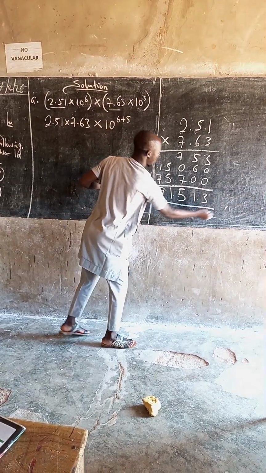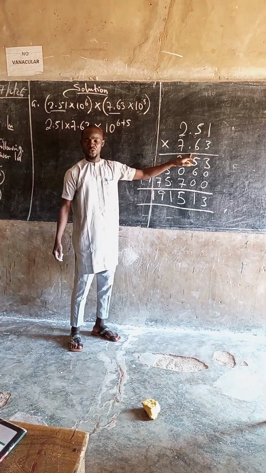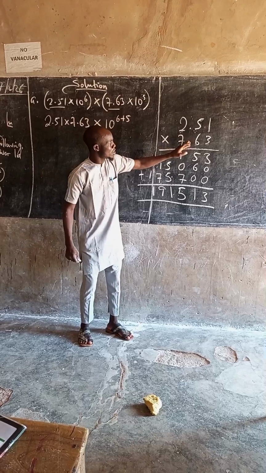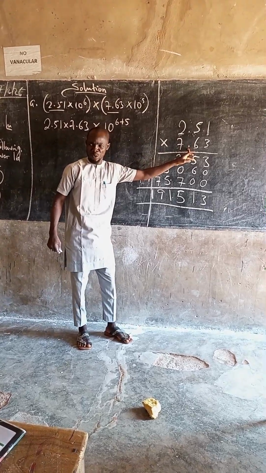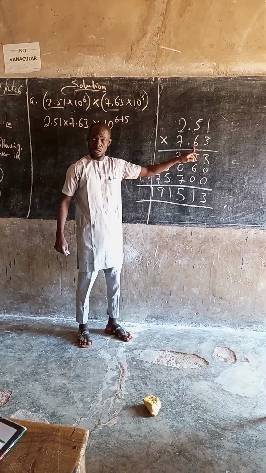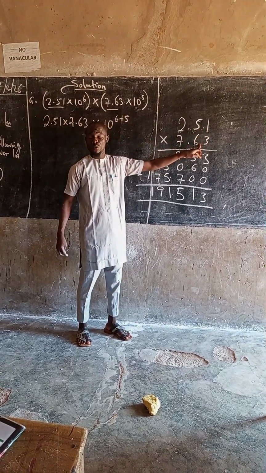Now after you are done, we have a decimal point in this. So how do we place the decimal point? You count the numbers you have behind the decimal point. How many numbers do you have behind the decimal point in this? 1, 2. When you come to this other one, also 1, 2. So 2 plus 2 will give us 4.